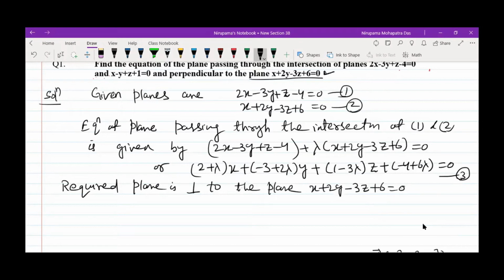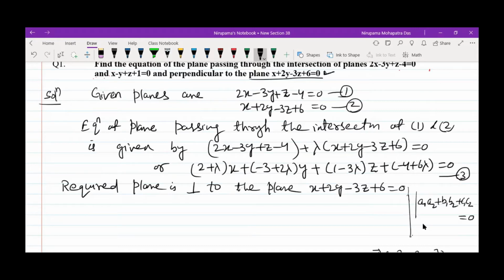So if two planes are perpendicular, what is the condition? Two planes are perpendicular if and only if a1 into a2 plus b1 into b2 plus c1 into c2 equal to 0.